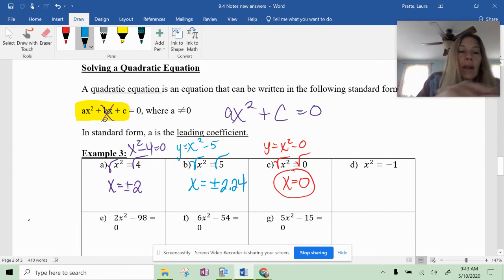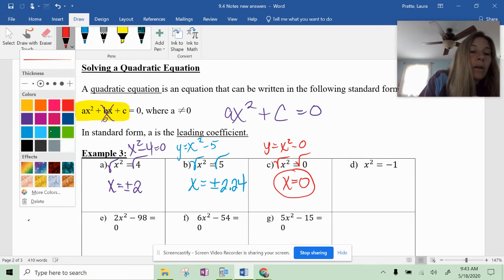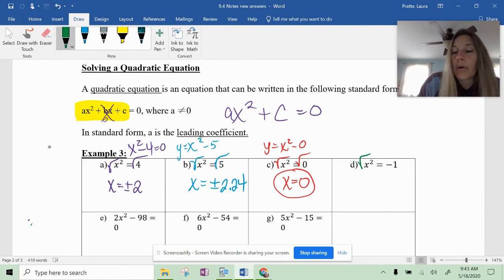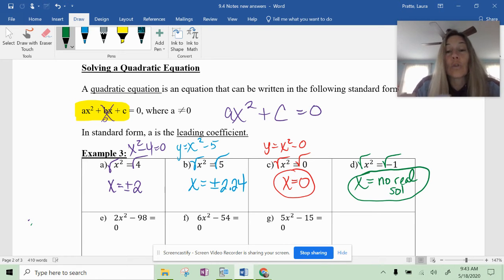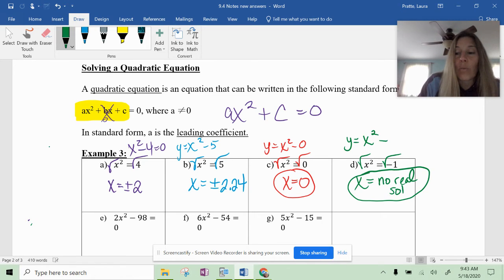Okay, so now let's see what happens on D. Now on D, you might remember, hopefully from the last page, that when you go to square root of a negative, you get no real solution. Well, that means I have no x-intercepts or no roots, right? So what does that look like on the graph? If I want to get everything on one side of my equation, I bring my 1 over. This would be what my equation looks like.